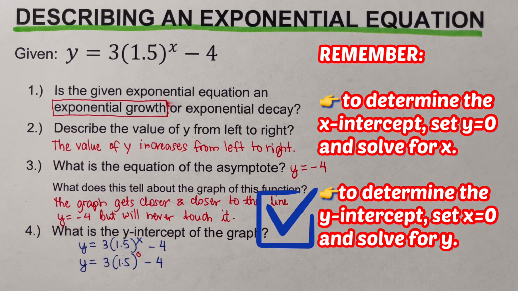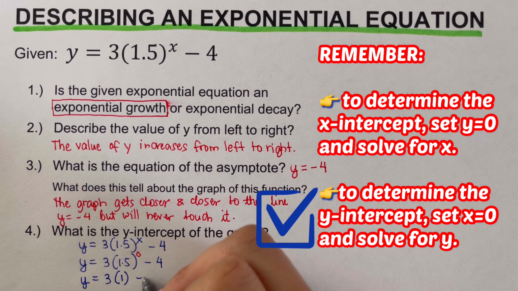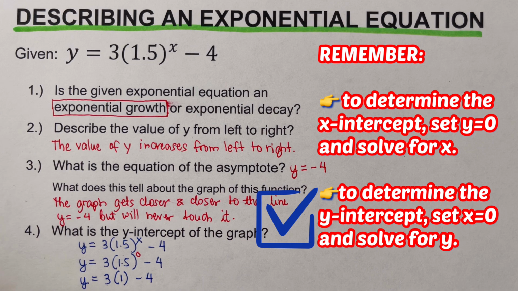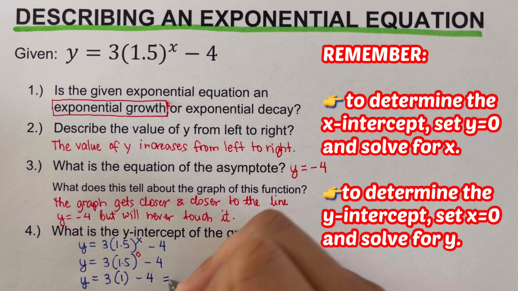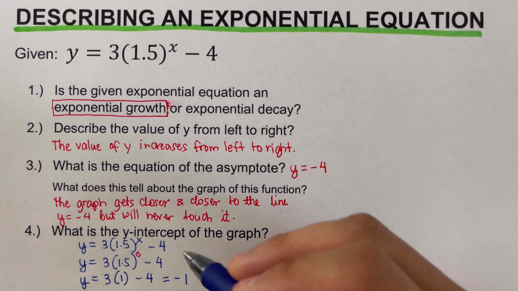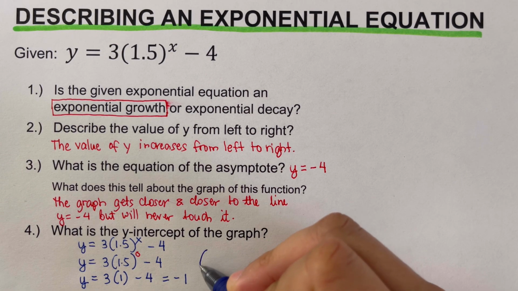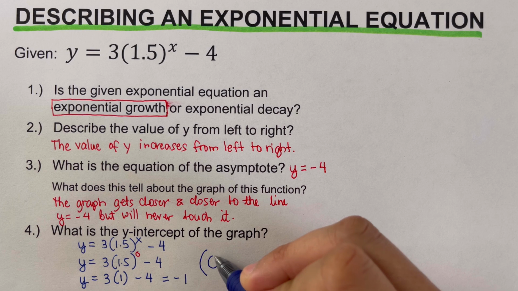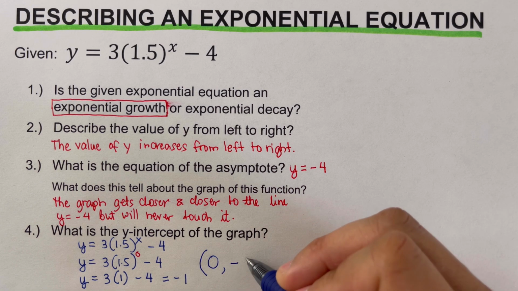Anything raised to the power 0 is 1. So then we write y equals 3 times 1 minus 4. 3 times 1 minus 4 is negative 1. So then we can say that the y-intercept for this, whenever x is 0, the value of y is negative 1.